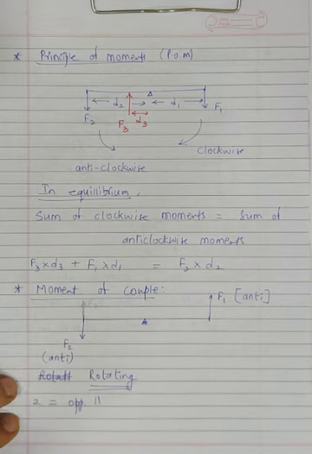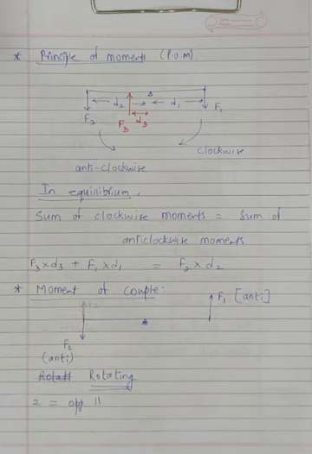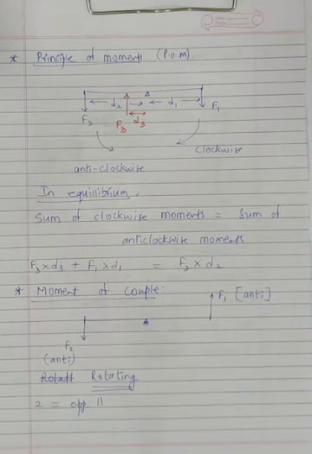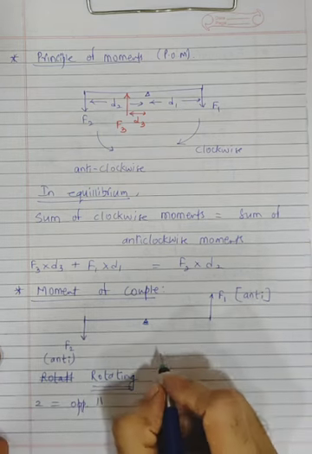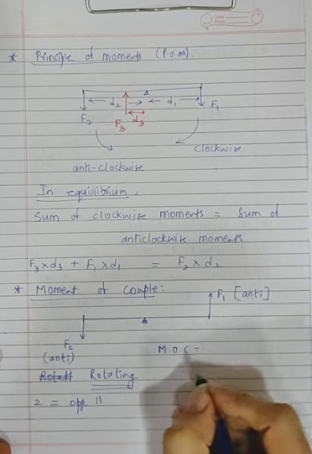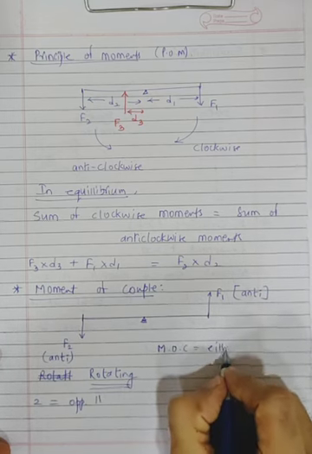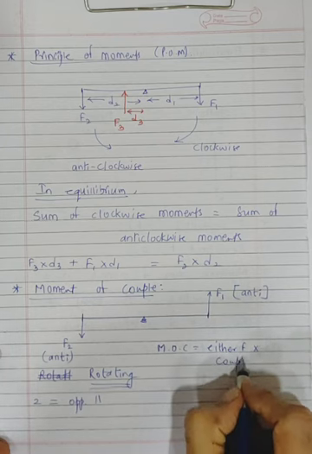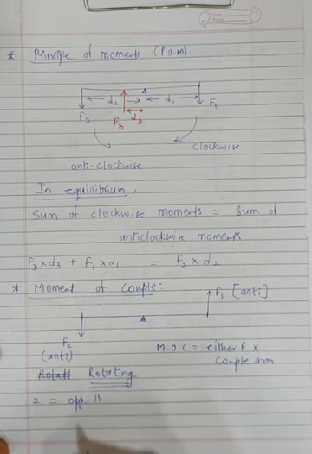Now, how do you find the moment of couple, or what is the formula for the moment of couple? The formula is simple. I'll just write it out here. Moment of couple is equal to either force, you can multiply any force, along with the couple arm.